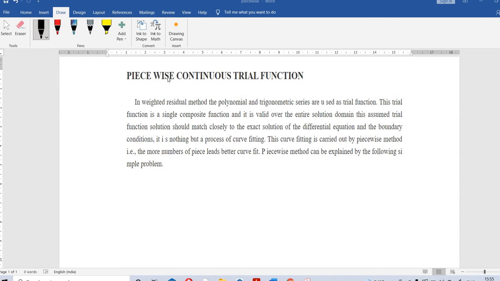So let us explain this piecewise method using the spring mass element. You might have studied or known about the spring element in your dynamics. So let us take one single spring element.